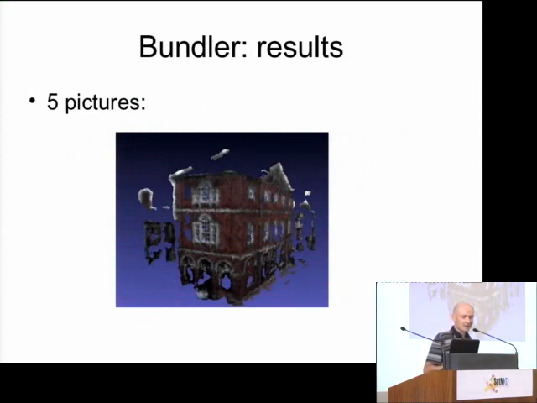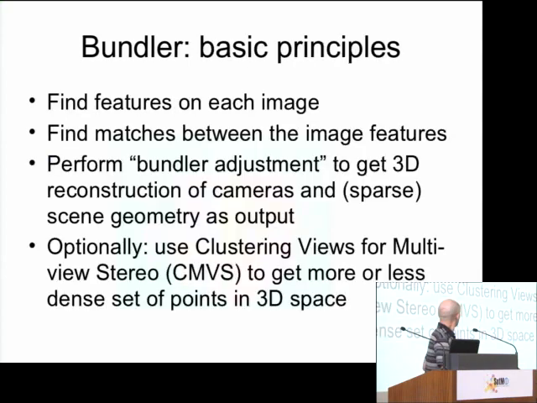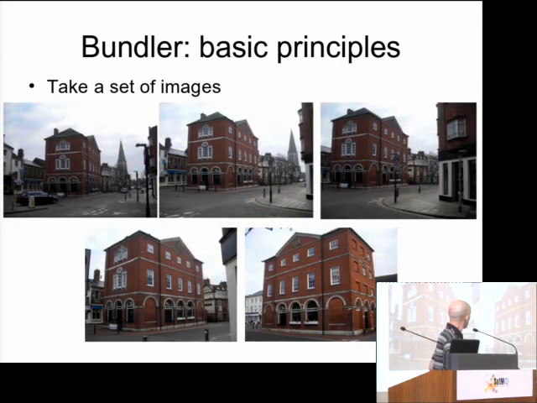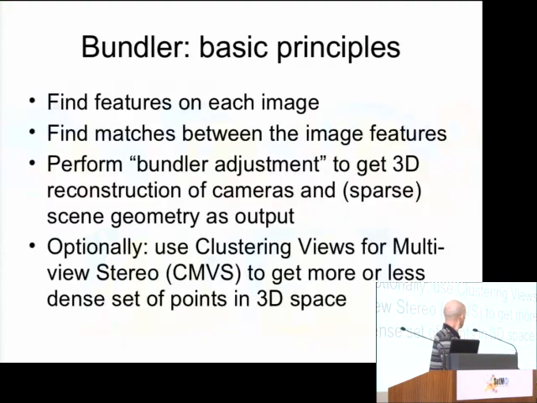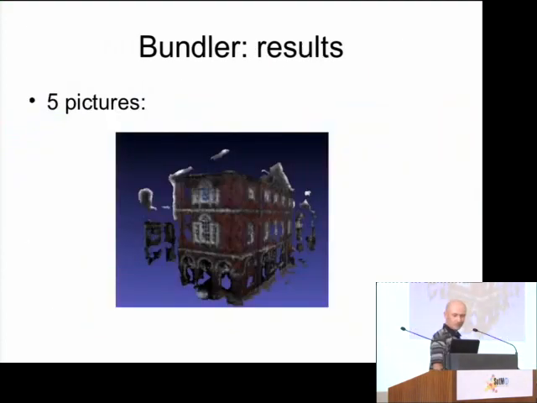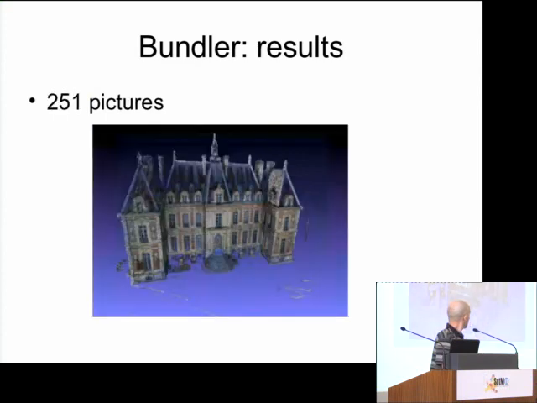So, some results. Here's the result of reconstruction from the 5 images I showed earlier. Well, one could recognize the building I showed a few instances before. A more impressive example involves 251 pictures.